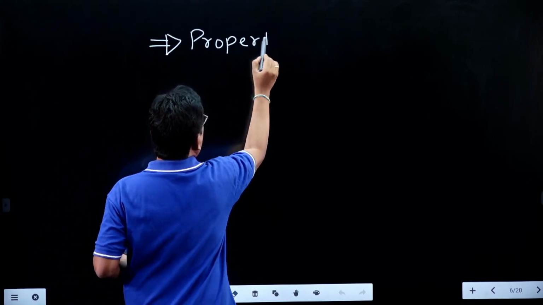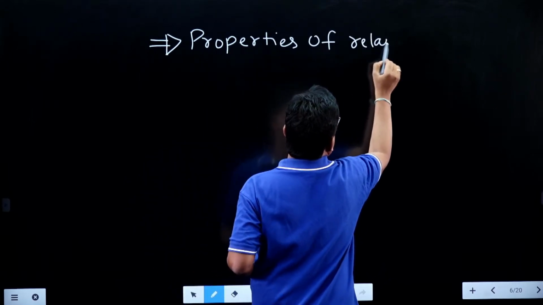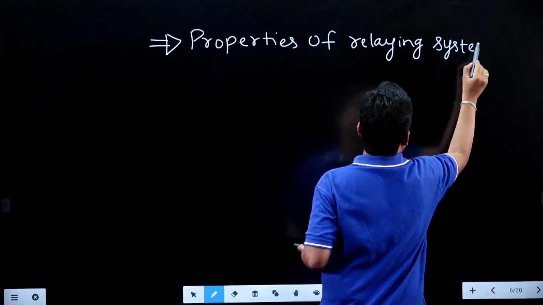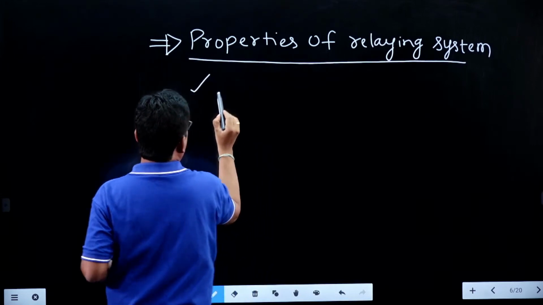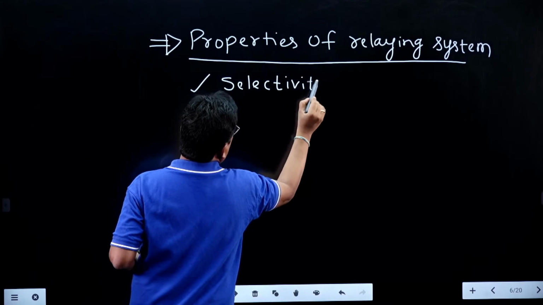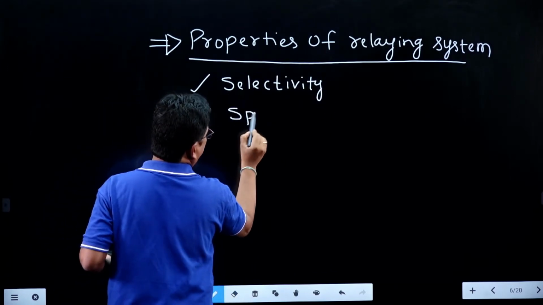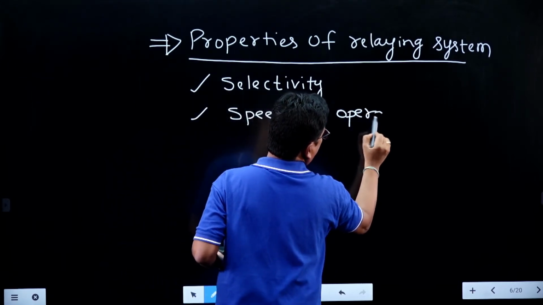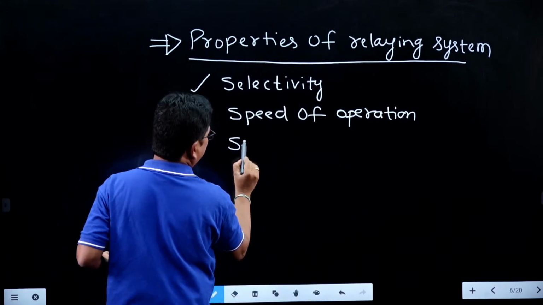Properties of relaying system. What are those? First one is selectivity. Next one is speed of operation. And third one is sensitivity.